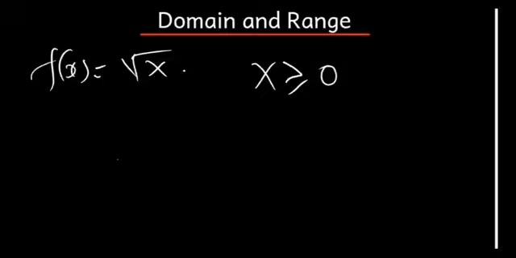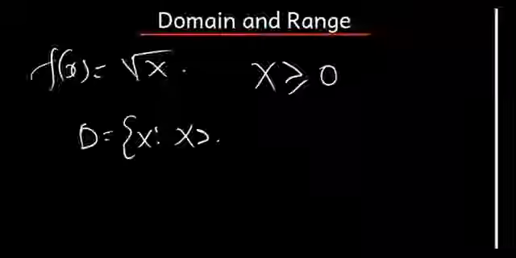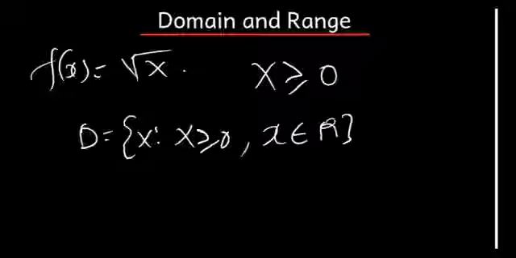We have the square root of 0, which is 0. 0 going up, or let me say 0 and above. That's making sense. The function is going to be defined. But we can never have a negative. So in this case, the domain is x is such that x has to be greater than or equal to 0. At the same time, x has to be a member of all real numbers.